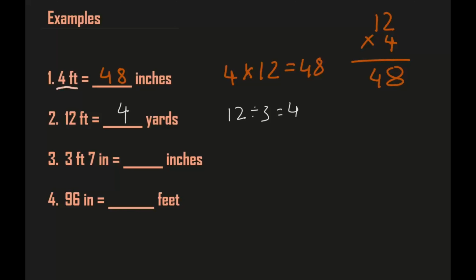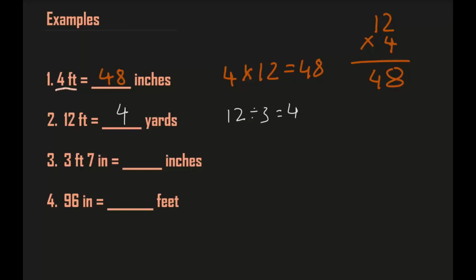Now we're going to do our third problem. Here, we are converting 3 feet 7 inches into inches. This is similar to the first one, except we have inches too. So, we're going to do the same thing. First off, we're going to convert 3 feet into inches.